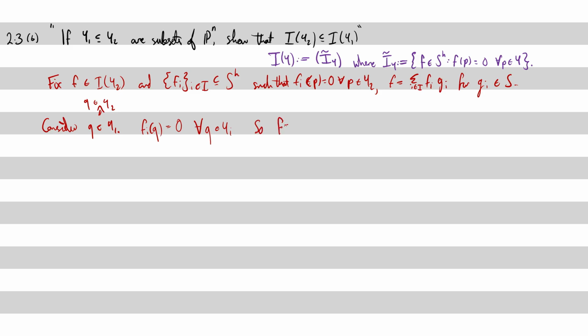So, f equals the sum over i of fi gi with fi of Q equals 0 for all Q in Y1, fi is within S^h and gi is within S. Therefore, f is within the ideal generated by Y1.